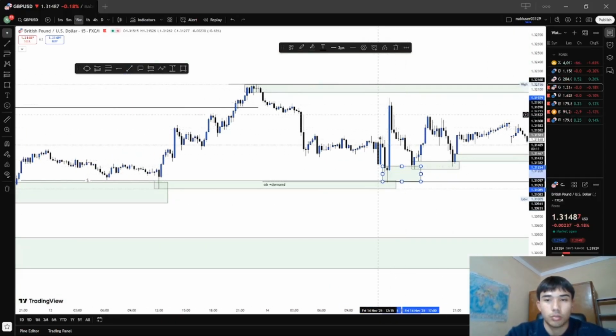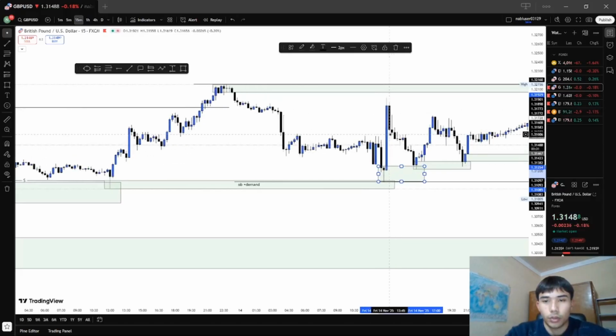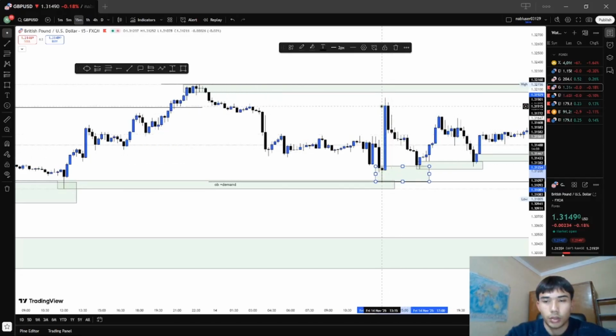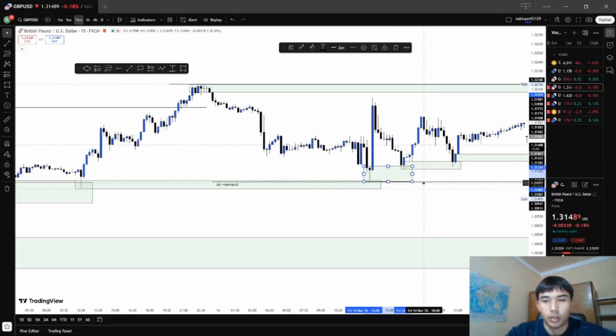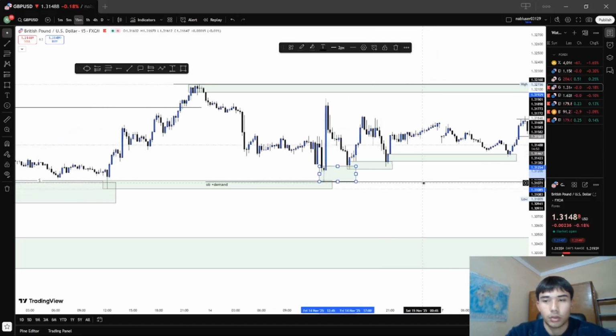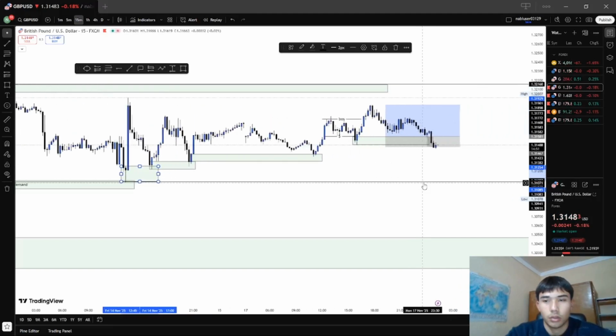It's actually a news release, and therefore it left a really good bullish candlestick, and it went straight down, respecting this demand zone and two demand zones right after.